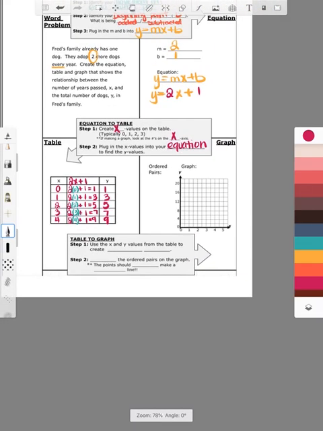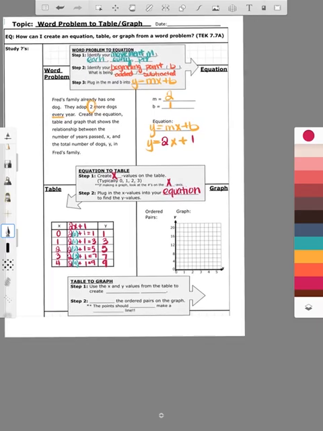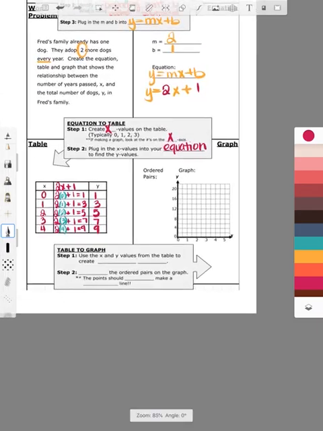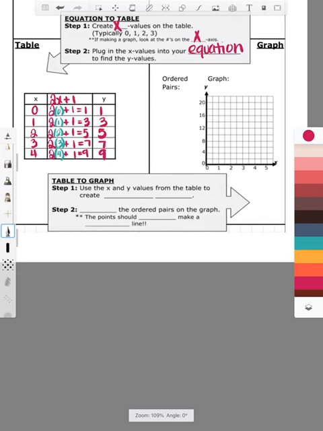All right, now our last one, we're going to convert a table to a graph. So when we're converting a table to a graph, it's also a two-step process. Step 1, we're going to use the x and the y values from the table to create ordered pairs. Step 2, we're going to plot the ordered pairs on the graph.